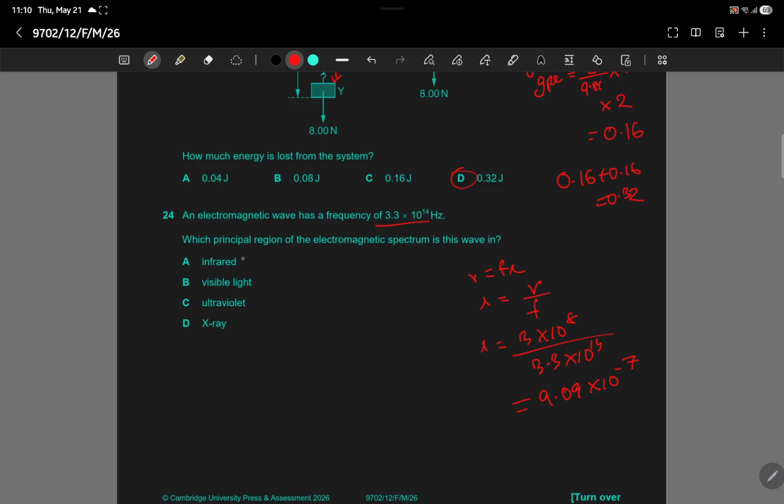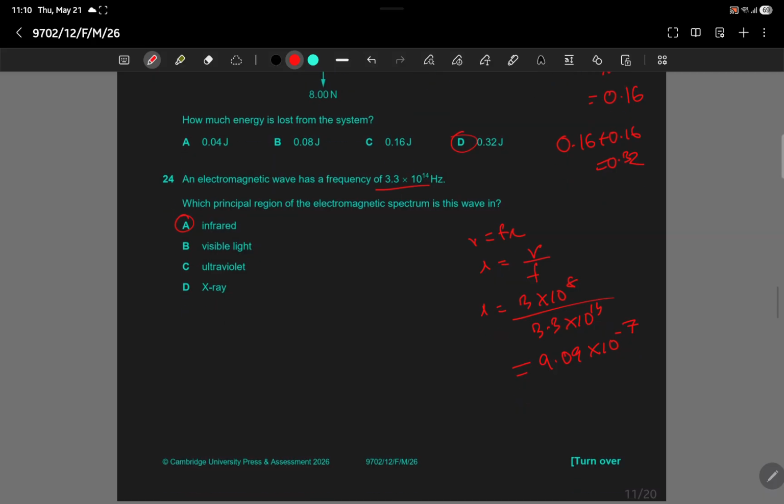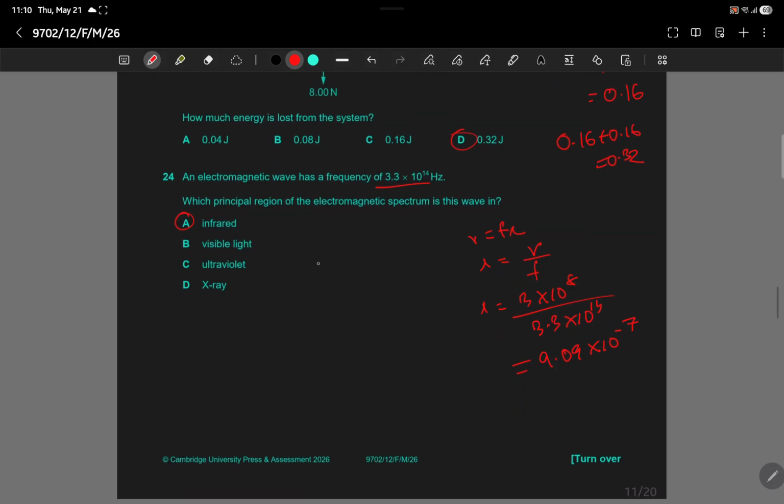So the answer is infrared. It's not visible. Visible light is more, and UV is also more, right? So the range is something like this. First is your radio waves, then microwaves, then infrared, then visible, then UV, then X-ray, and then gamma.